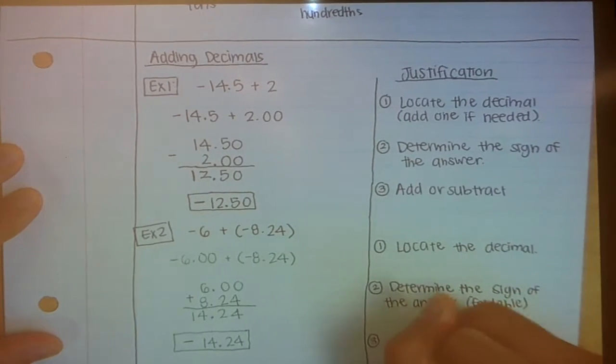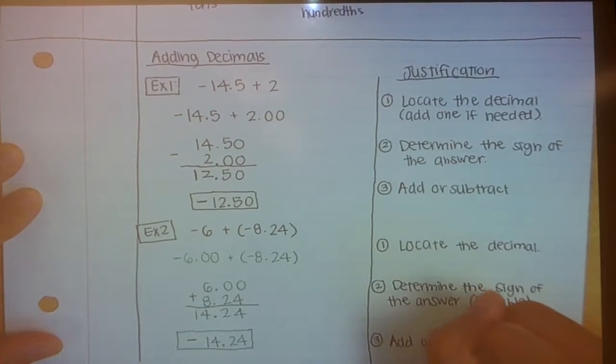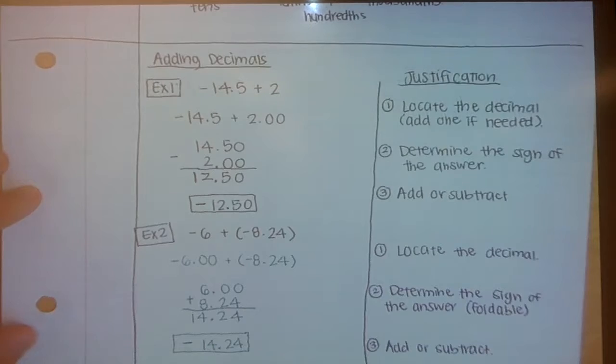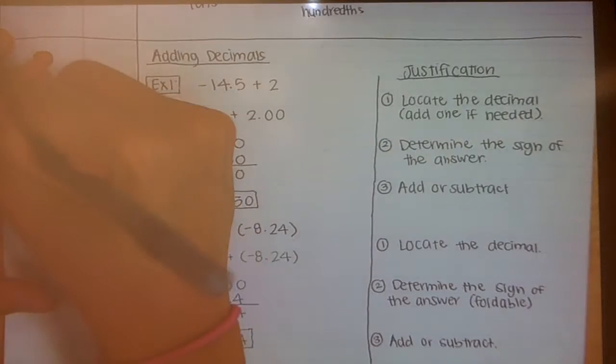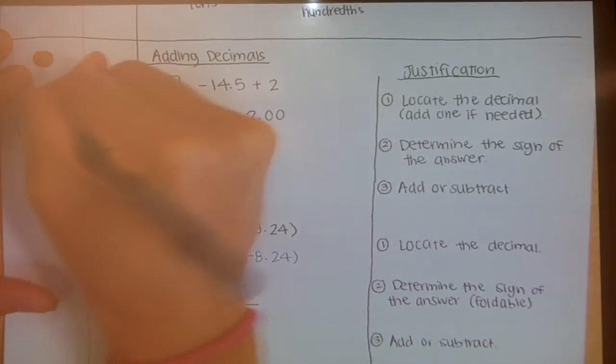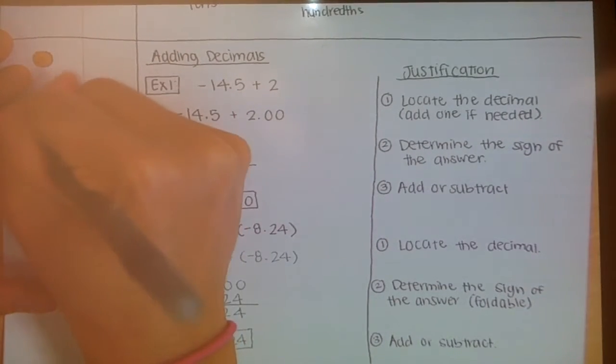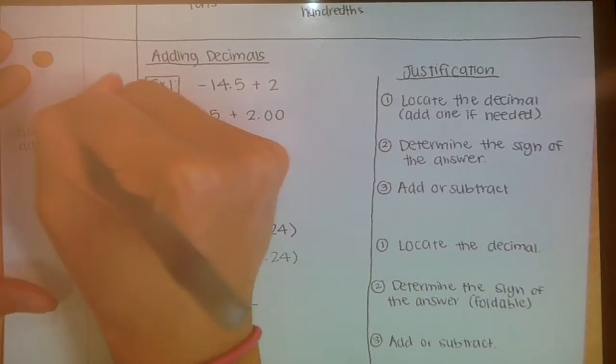And finally, we add or subtract, depending on what the foldable tells us to do. So our question here would be, how do we add decimals?